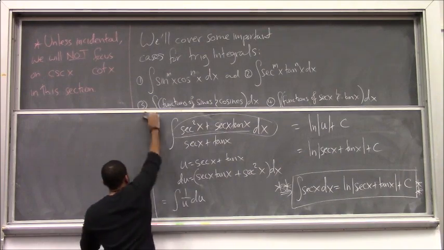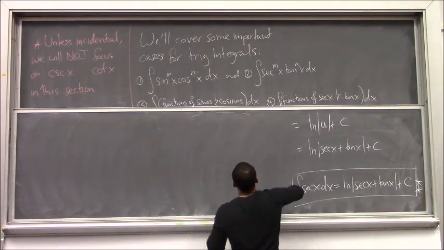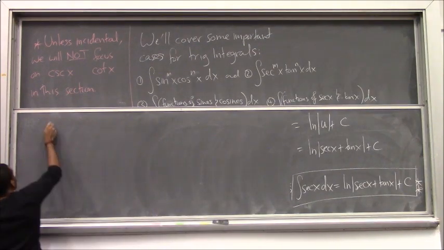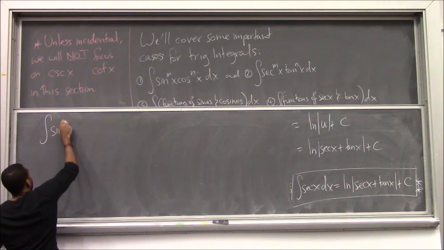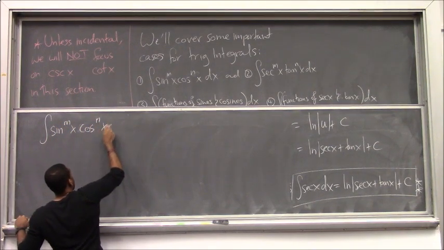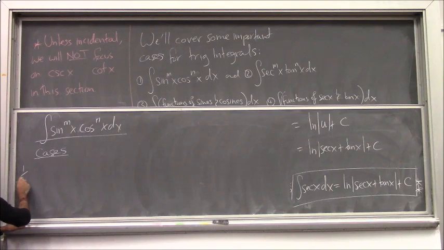Let's deal with the sines and cosines first. One thing I want you to know is that this case has subcases. So 1, 2, 3, 4. The strategy will vary based on what the powers are.